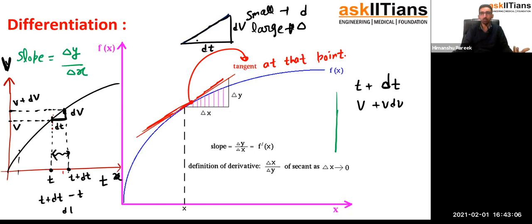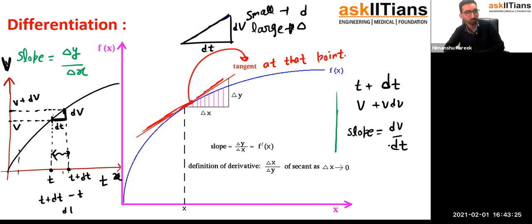And now we know what is tan theta and what is slope basically. Slope would be change in v upon change in t, change in y upon change in x. So what will we be writing here for the slope? Slope would be dv by dt.